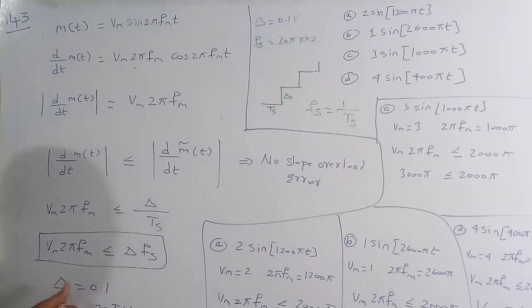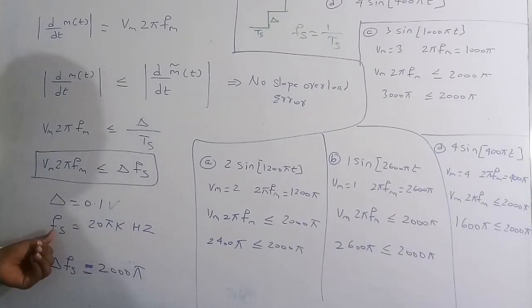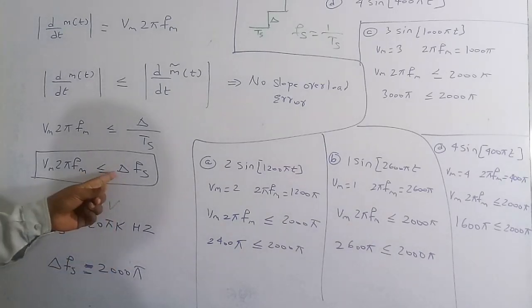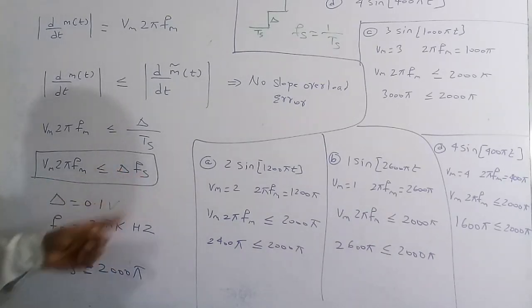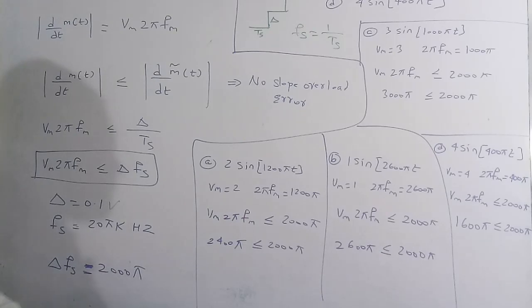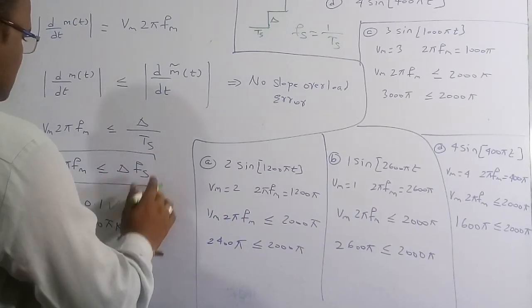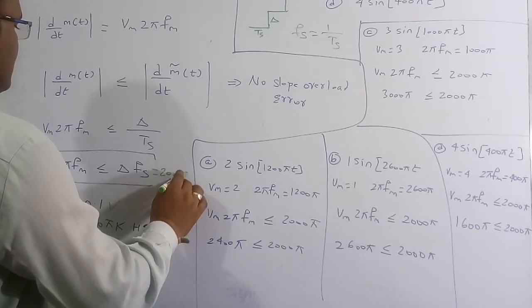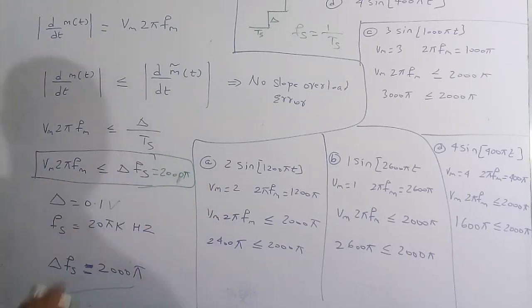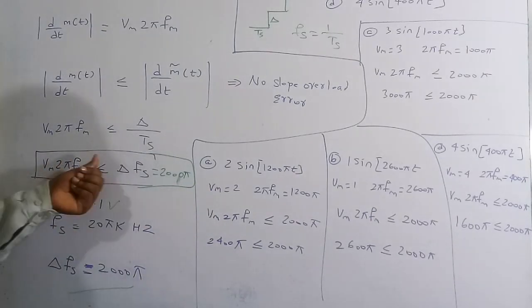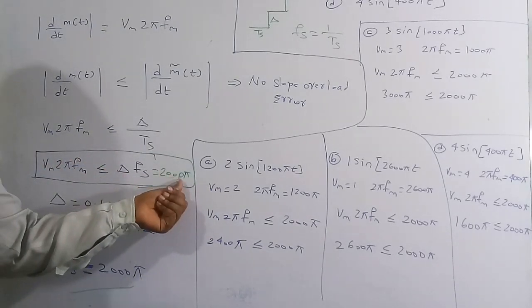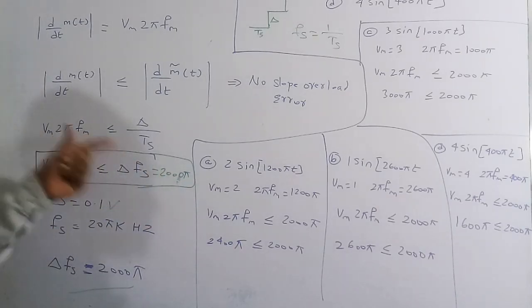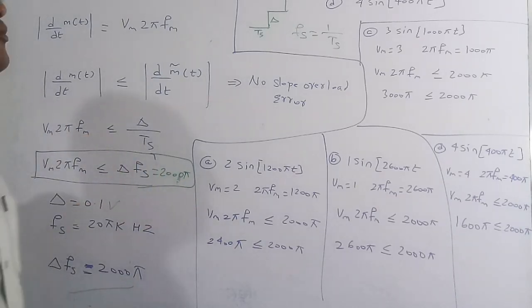The delta value they have given is 0.1 volt, and Fs is equal to 20π kilohertz. If you multiply delta and Fs, we get 2000π. So finally, delta Fs is equal to 2000π. Whichever signal satisfies this condition, Vm 2π fm less than or equal to 2000π, we can say there is no slope overload error.